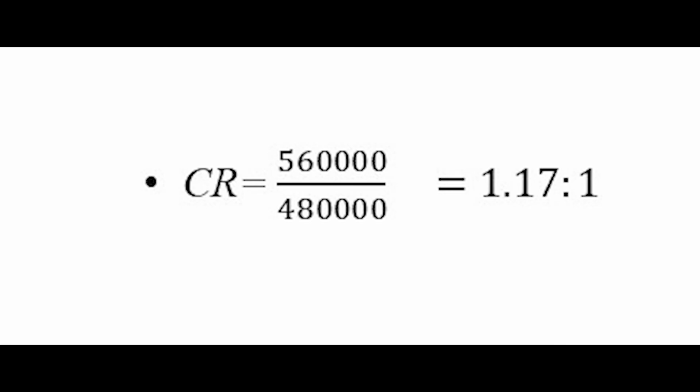The equation for calculating the current ratio is current assets divided by current liability. Here current assets is 5,60,000 and current liability is 4,80,000. Therefore, we get the current ratio as 1.17:1.